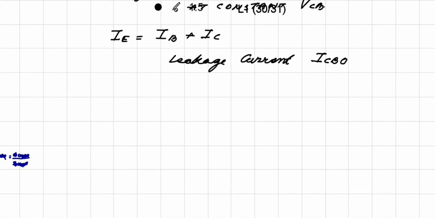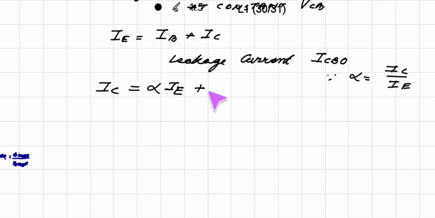Now here we know that IC is equal to alpha times IE. Where have we taken it from? We know that alpha is equal to IC upon IE, the current amplification factor we just saw. So IC is equal to alpha IE plus this reverse saturation current ICBO. Now we know that IE is equal to IB plus IC.